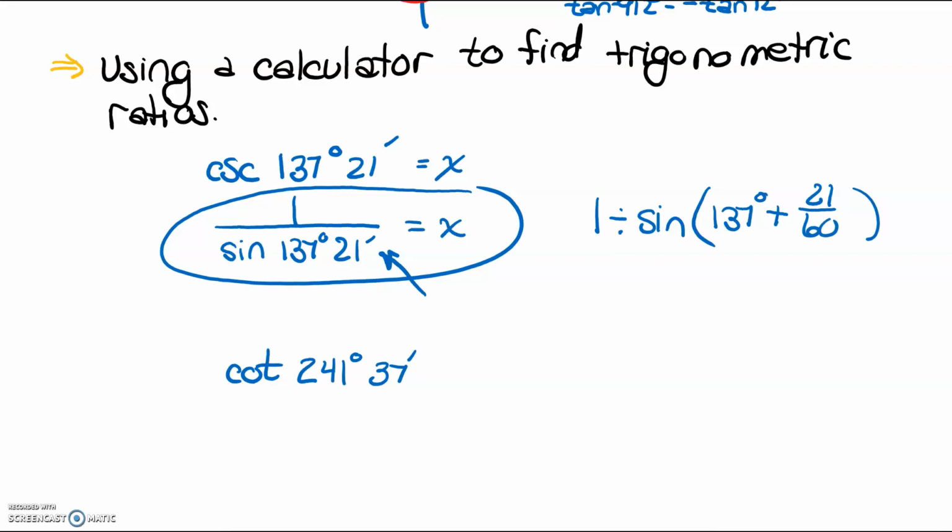Okay, so I'm going to go ahead and do that: 137 plus 21 divided by 60. And I get that this equals 1.475975246. That's rounded to 6 decimal places.